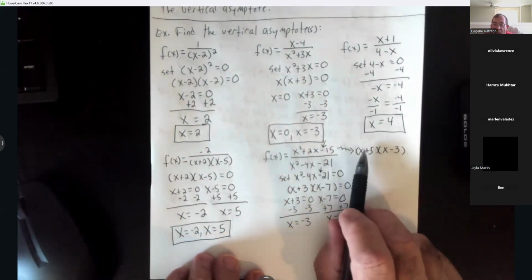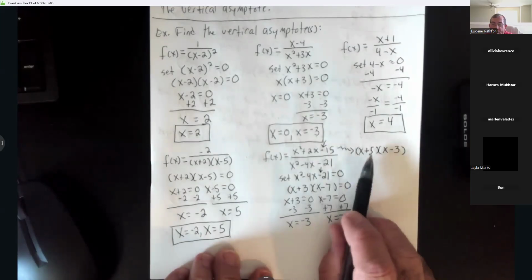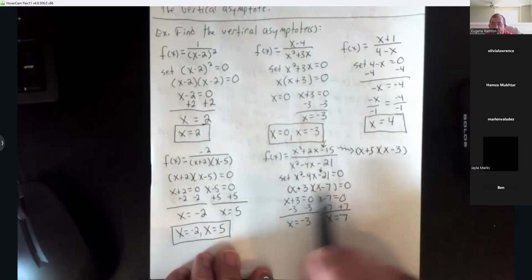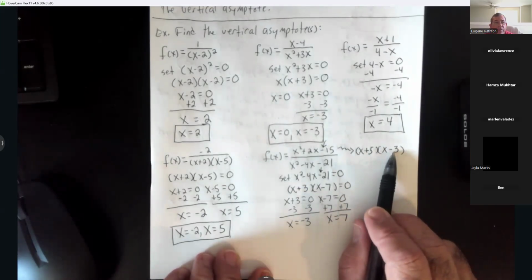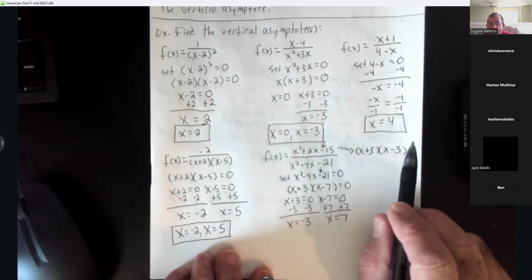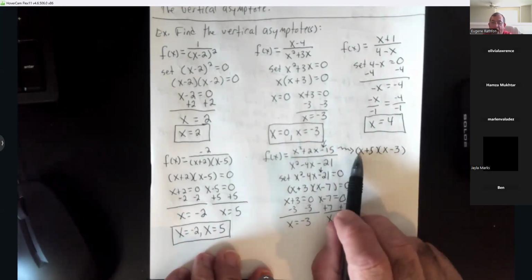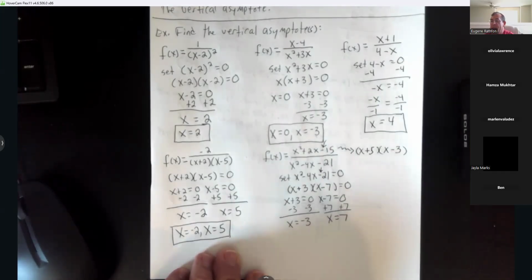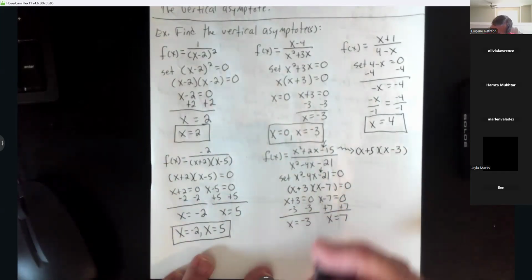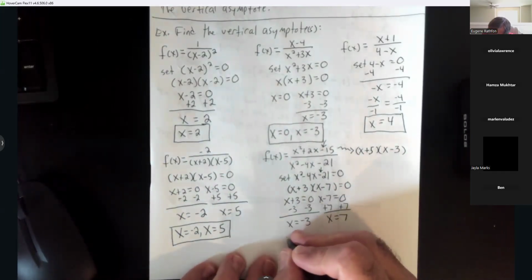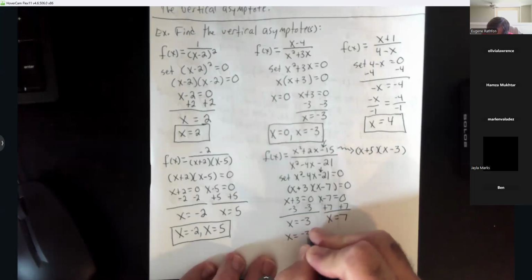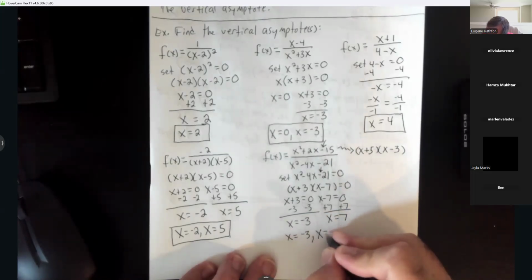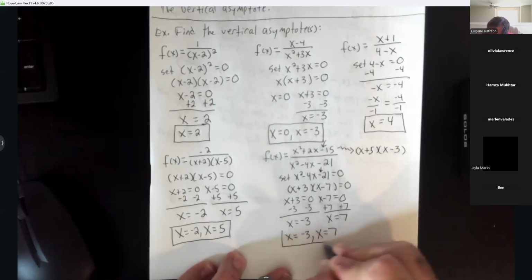All right, y'all, so this top is sort of factored, and I'm just going to check. This was an x plus 3. That's an x minus 3. So they're not going to cancel. And then that had a 5 on top, and my other one was a 7. So those aren't canceling. So in MATLAB, we would want x equals negative 3, comma, x equals 7.